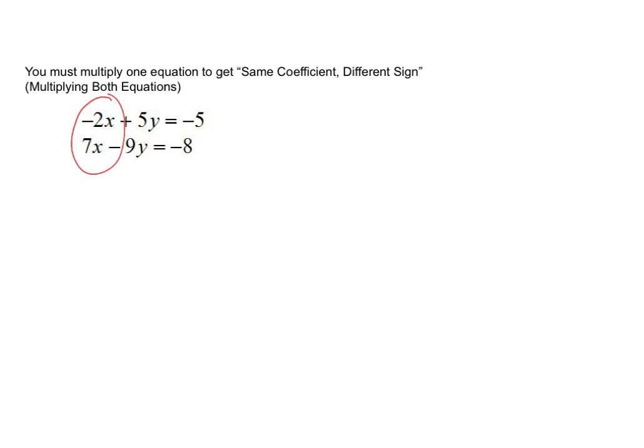So if I want to make it that number 14, well, I know that I can multiply negative 2 times 7 to get 14, and I would end up with a negative 14. And I know that on the bottom, I can multiply by a positive 2 so that I can end up with 14.